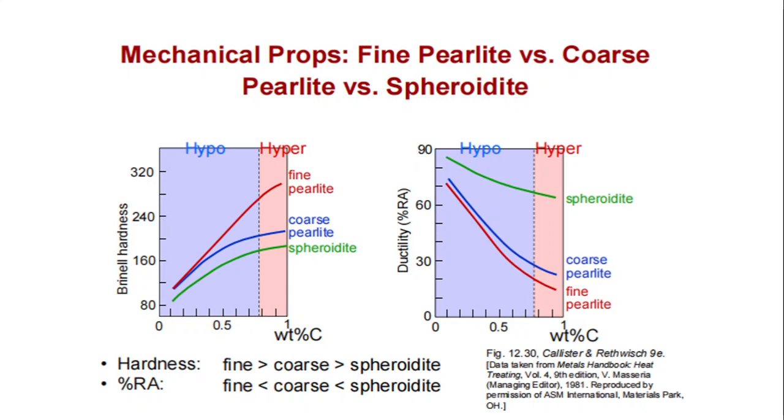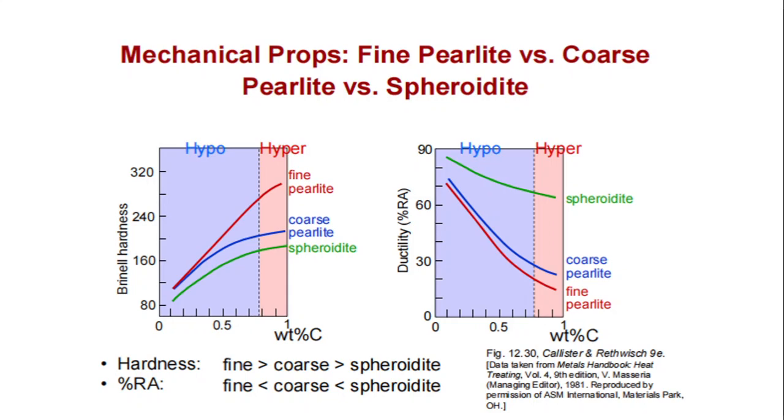The reinforcing effect of the cementite lamellar plate is missing, so consequently it tends to have a lower Brinell hardness, but it tends to have higher ductility. This plot shows schematically how the Brinell hardness varies as a function of carbon concentration in hypo and hyper-eutectoid steels.